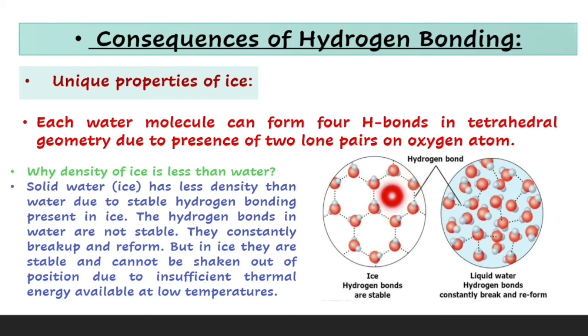But in the case of water, these hydrogen bonds are not stable. They constantly break up and reform. In ice, they are stable and cannot be shaken out of position due to insufficient thermal energy at low temperatures. Therefore, ice floats on water, but water has more density as compared to ice.